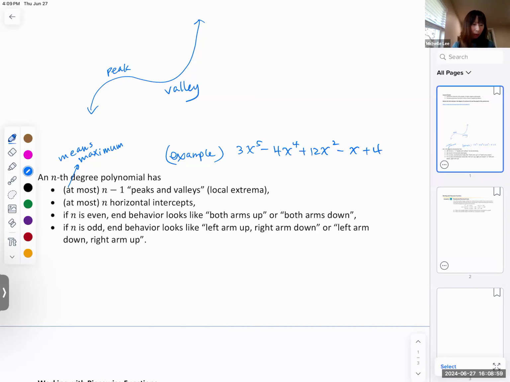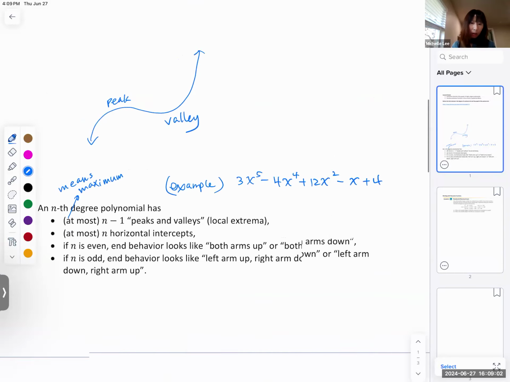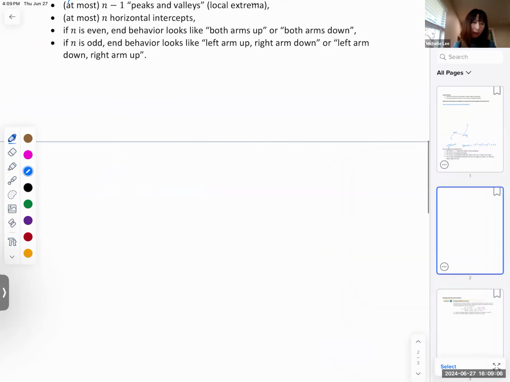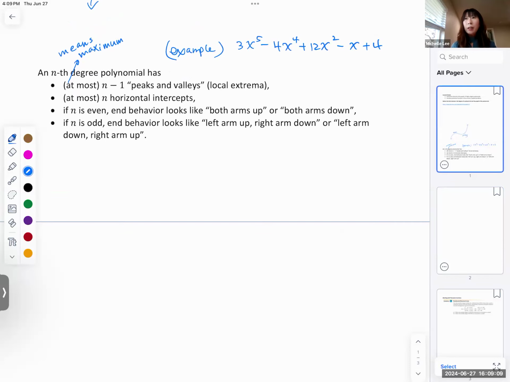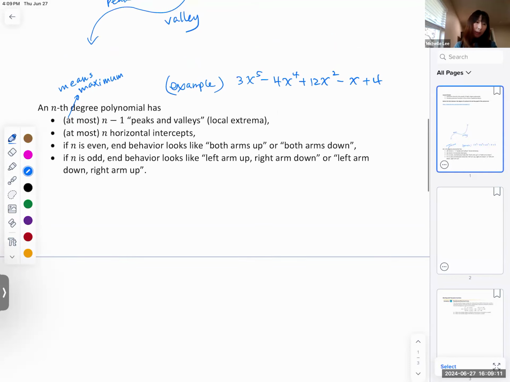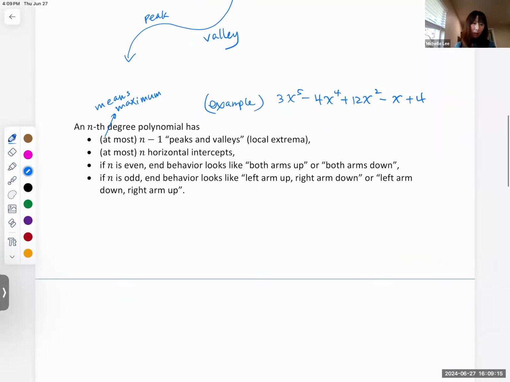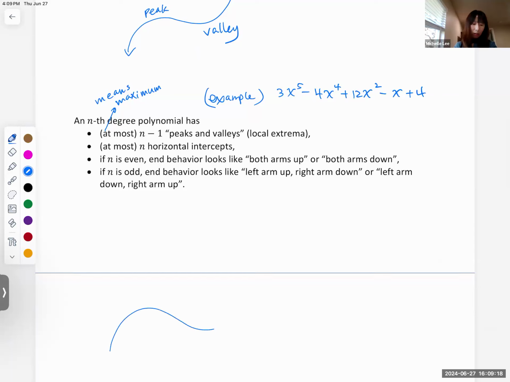How about this one? Let me add. If we have this kind of graph, this is a peak. This is a valley. This is a peak.